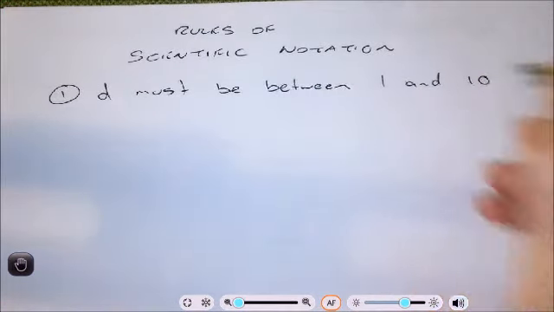Rule number 2, scientific notation must be written as multiplication. Scientific notation must be written as a multiplication expression.